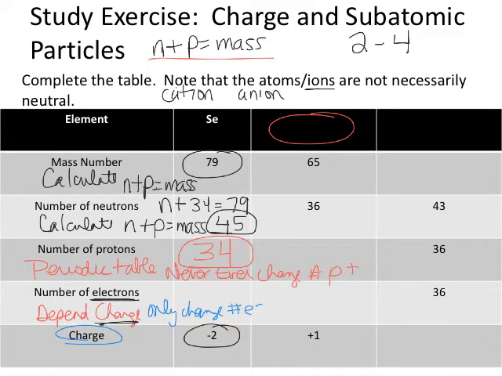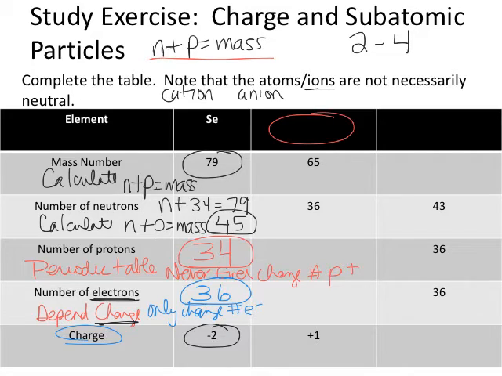So you have a negative charge overall, which means you're going to have 2 more electrons than protons. So you are going to have 36 electrons, because 34 and 34 is 0 charge.